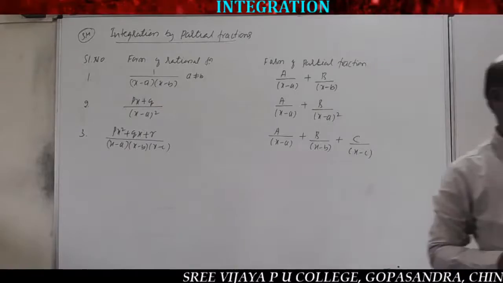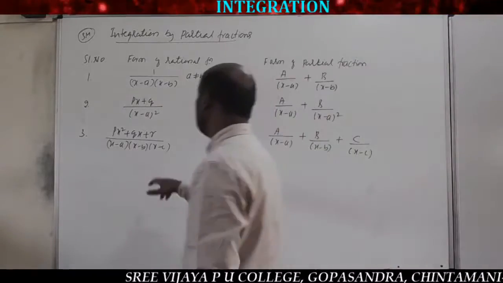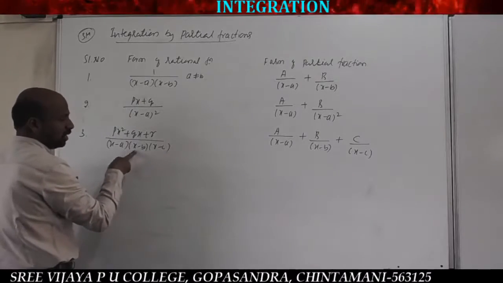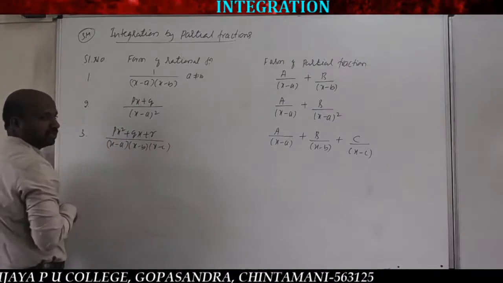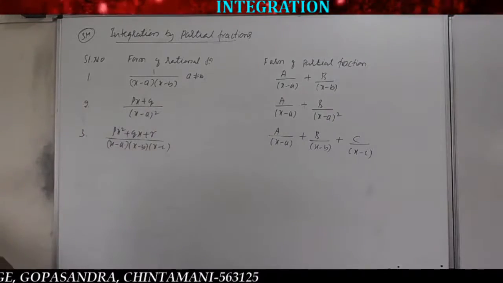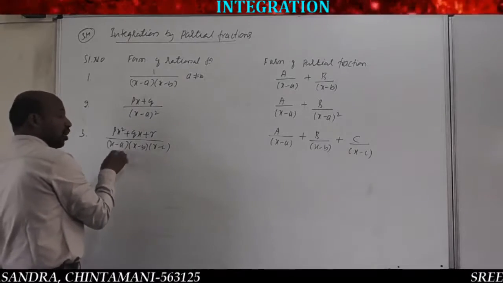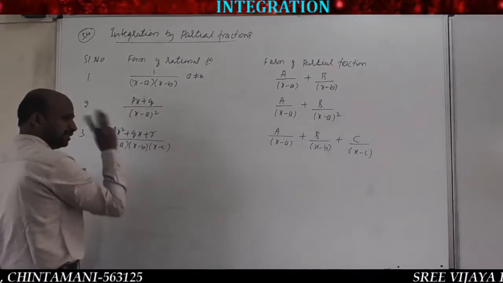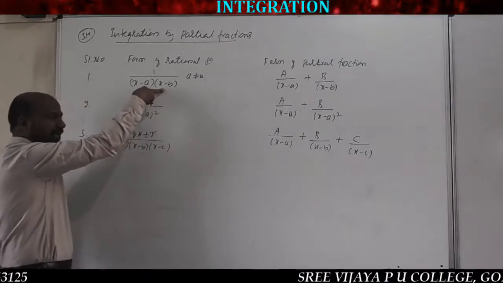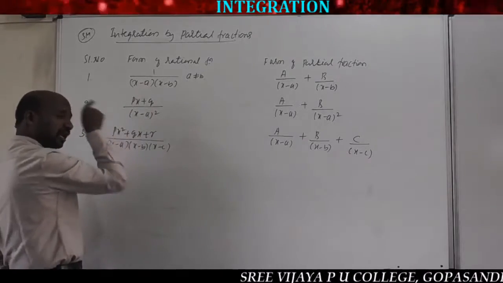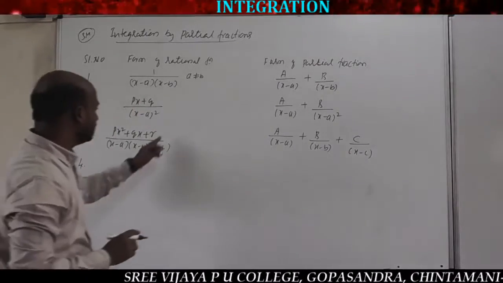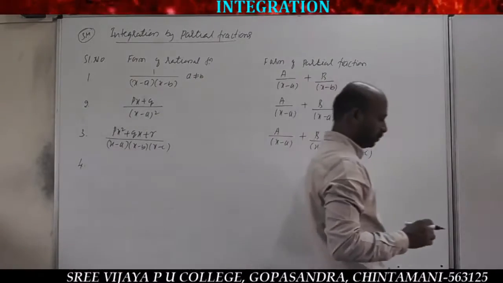So the denominator contains 3 non-repeated linear factors. Multiplying the denominator gives x cube, while the numerator has x square. Degree of numerator is less than the degree of denominator. It is again proper. The denominator contains 3 non-repeated linear factors. Earlier, the denominator contained 2 non-repeated linear factors, and there the denominator contained a repeated linear factor.